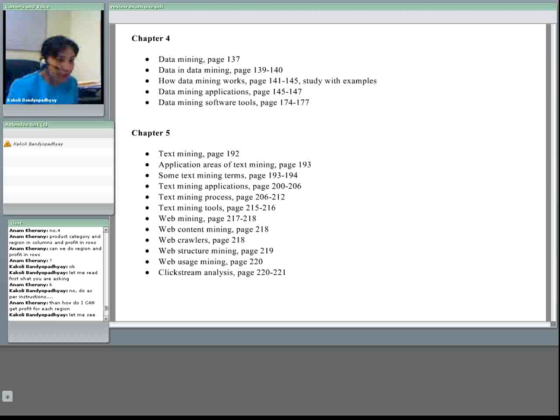Some text mining applications would be in marketing, CRM, security, deception detection, medicine, biology, academia, and so on. And the text mining process involves input, output, control, and mechanism.